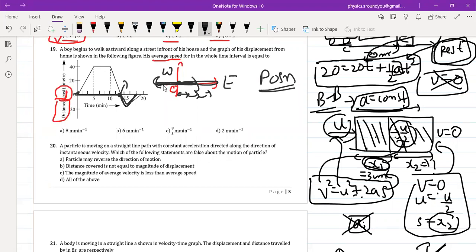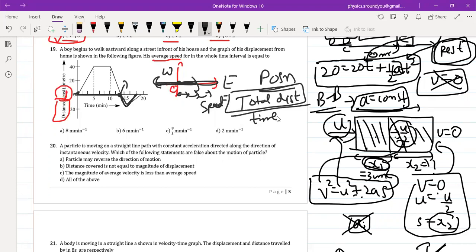They're asking the average speed. Well, to find the average speed, you need to know the total distance traveled, and divide it by the total time taken.